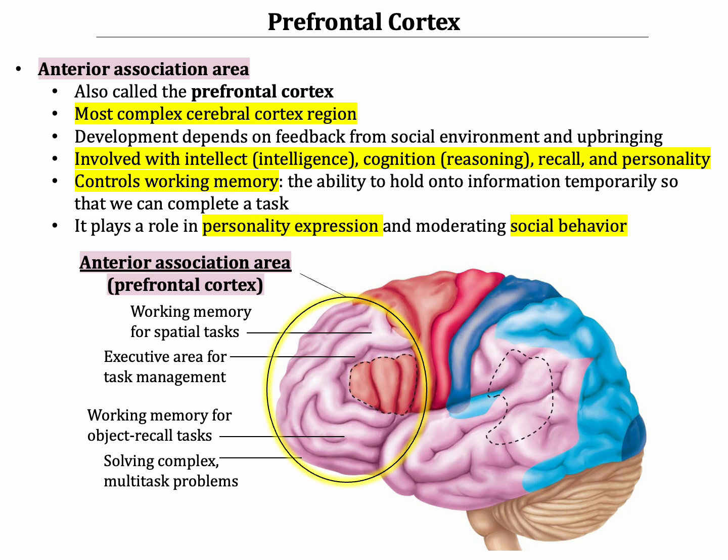It processes cognition or reasoning. It dictates our intelligence, our intellect, recall, personality. It is involved with our working memory, the ability to hold on to information to carry out a task, complete an activity. It controls our personality expression as well as our social behavior. So, a lot of really complex things going on here in the prefrontal cortex.